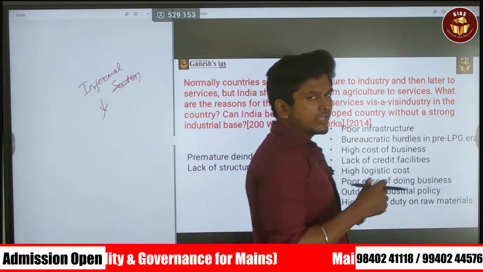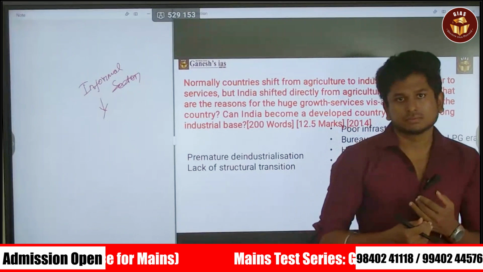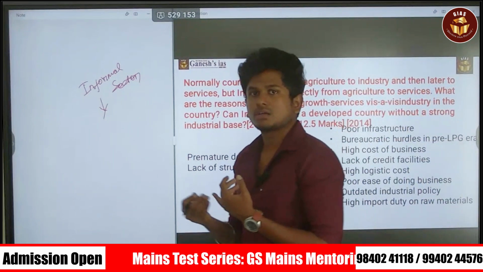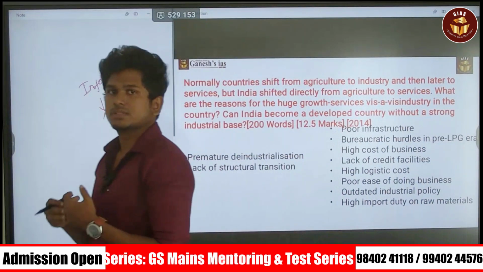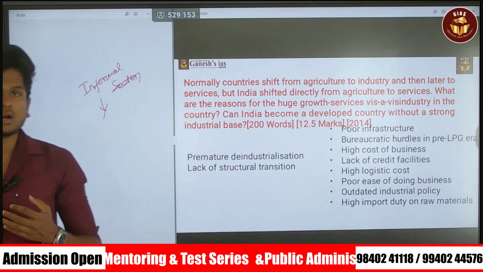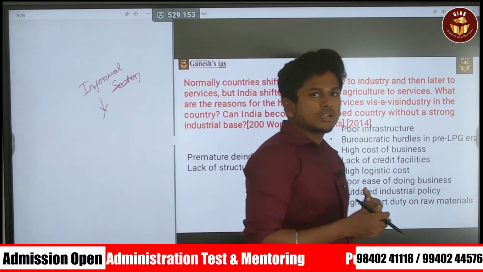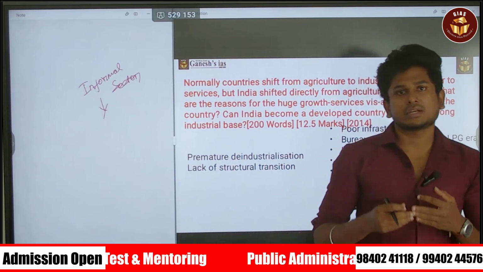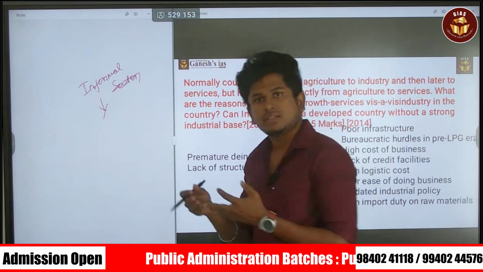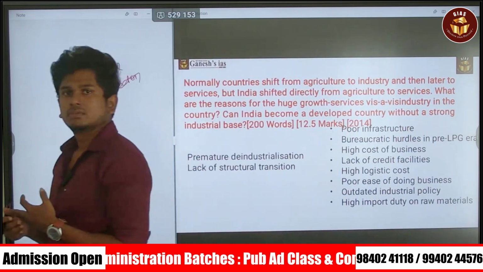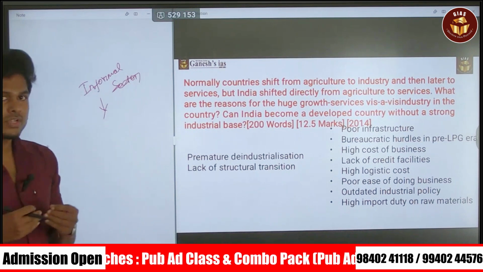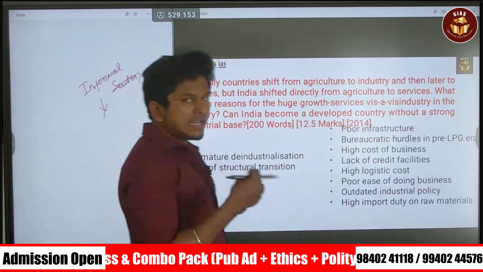But consider that there is a manufacturing sector. Consider there is a cotton mill, or textile mills, or a cement manufacturing industry, anything. In that scenario, he can do certain labor activity in that industry. So the manufacturing sector is inevitable.